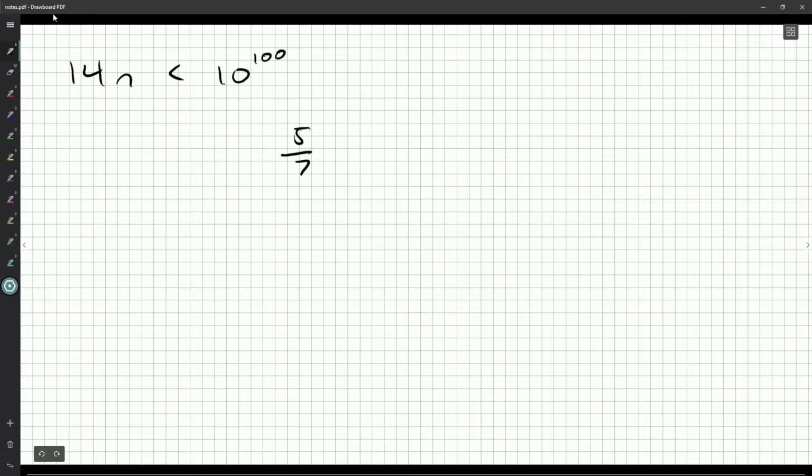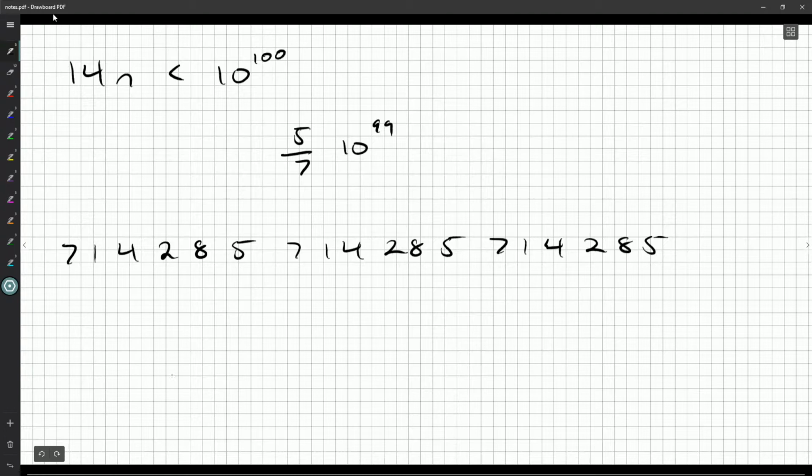Okay, so if that's the case, for 100 we are looking at 5/7 times 10 to the 99. So our number would start, now I'm starting over here from left to right, and this number is going to have 99 digits. But we're going to have 714,285, and then it repeats, 714,285, 714,285, and it's just going to keep going.